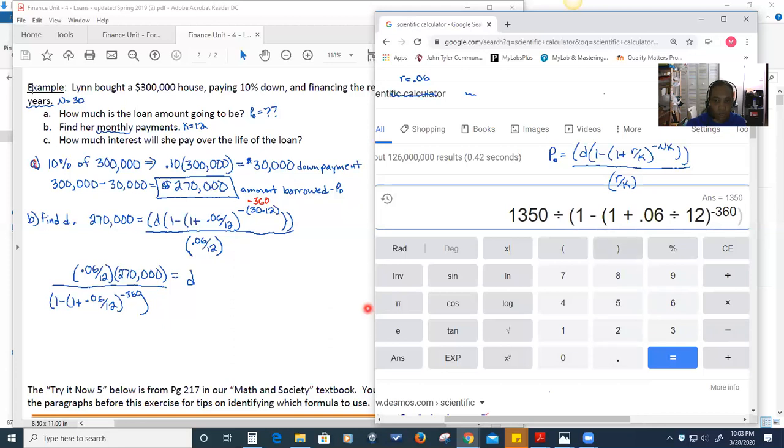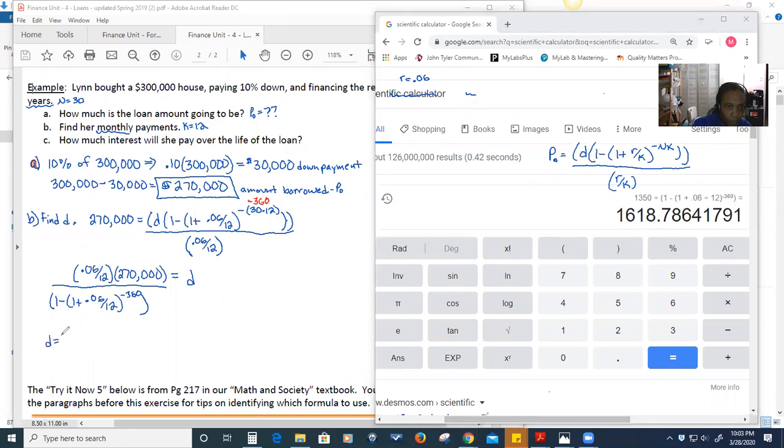And again, make sure you use your negative sign, not your minus sign, okay? And that equals $1,618.79 for her monthly payment.